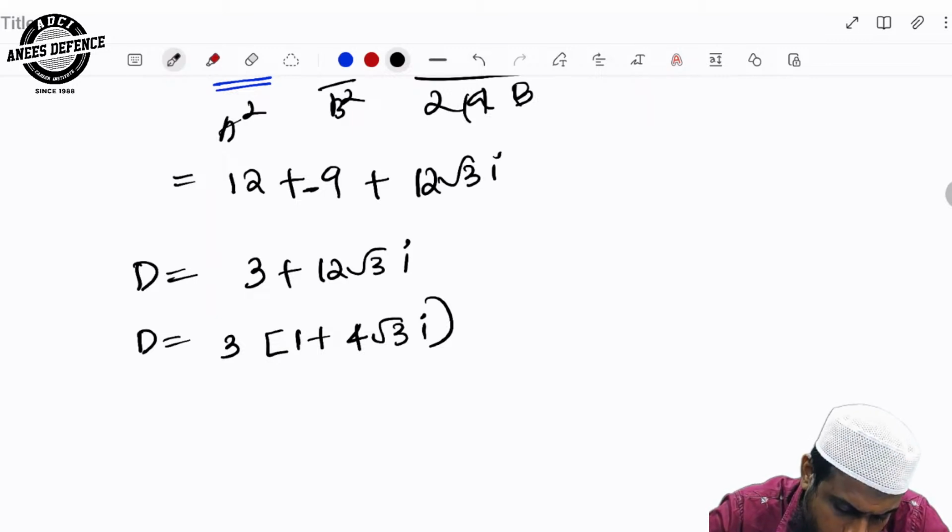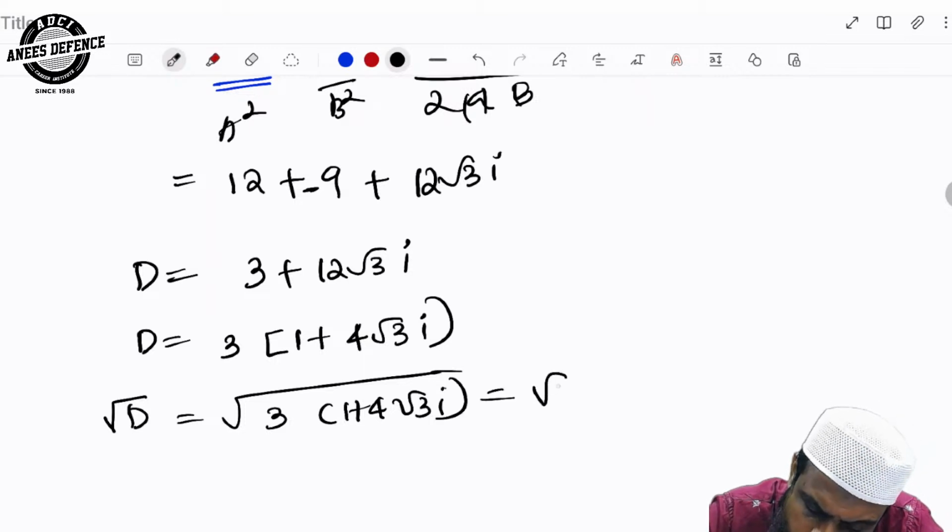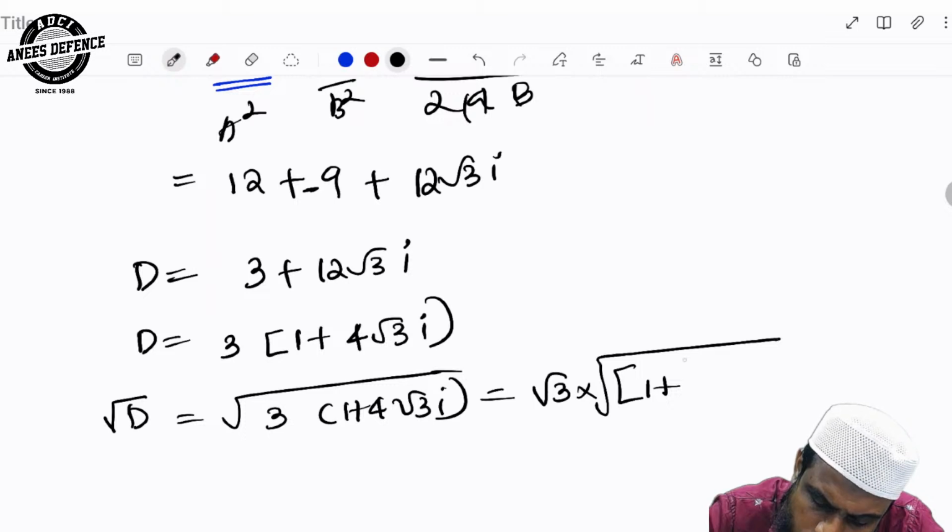So now you have to calculate root d. So root d is root of 3 into 1 plus 4 root 3i. This can be written as root 3 into root of 1 plus 4 root 3i.